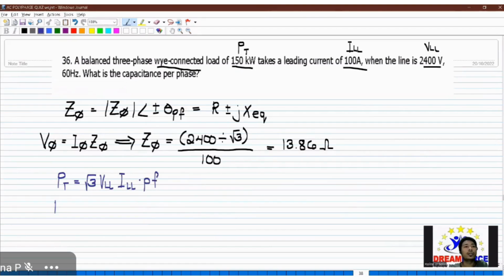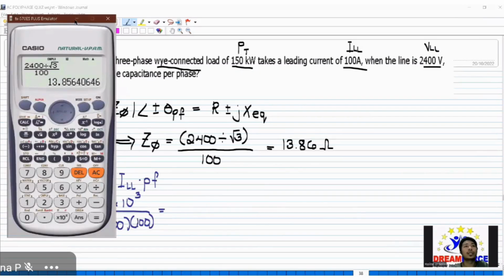So just get the value of your power factor. That is equivalent to 150 times 10 raised to 3, divided by square root of 3, then your line-to-line voltage, 24, then your line-to-line current, 100. So pag yan greater than 1, mali.